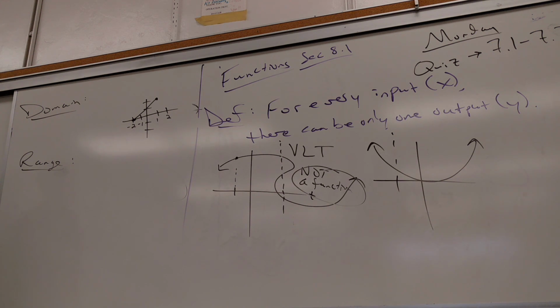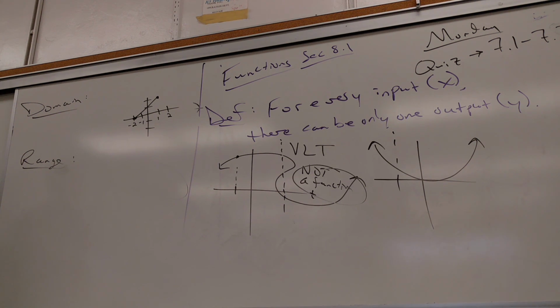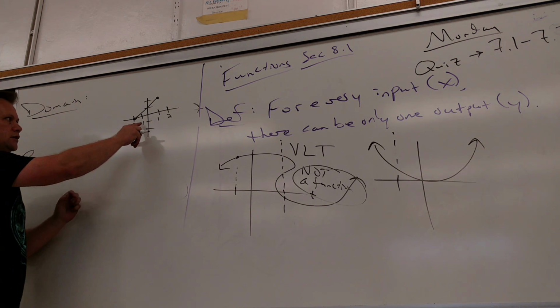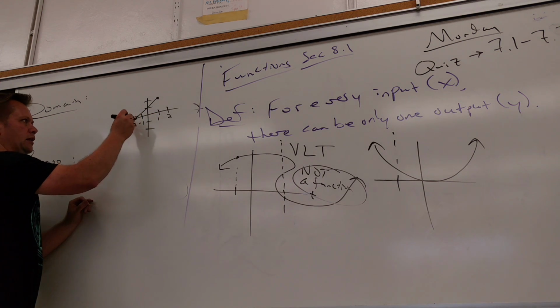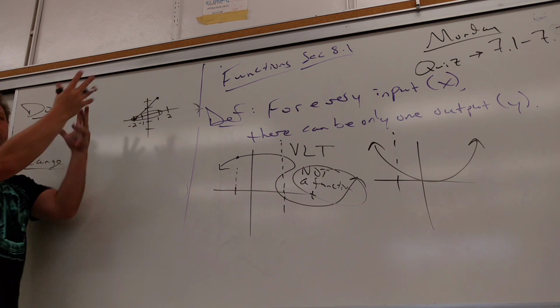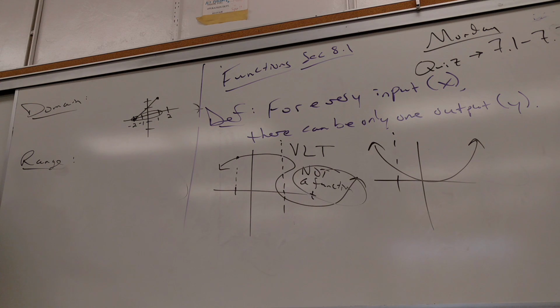Because 2 does not have an output. Good. So domain is all the x's I'm allowed to use, or alternately, all the x's that actually have outputs. So the domain of this would be -2 to 1, because that's the collection of all the x's that actually go somewhere. They're all the x's I'm allowed to use.